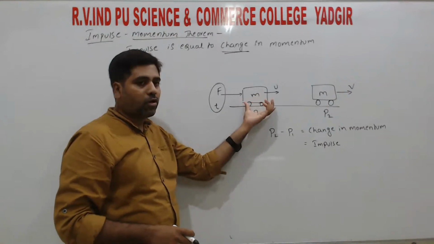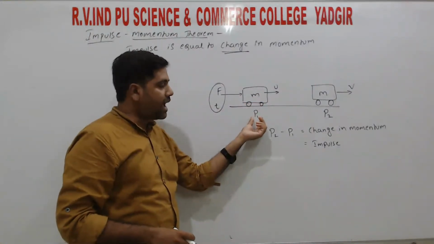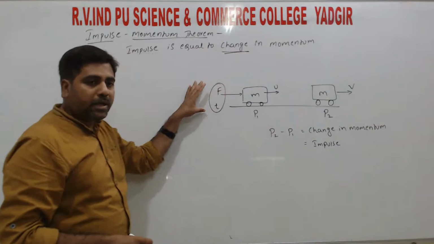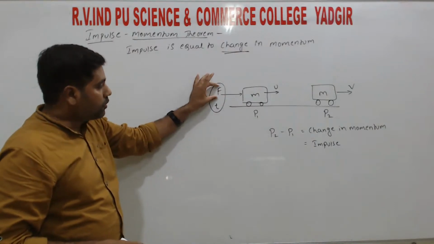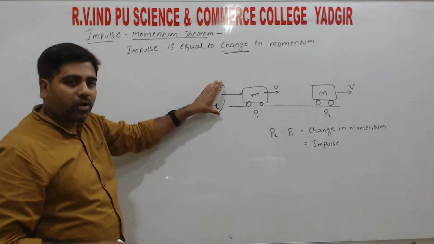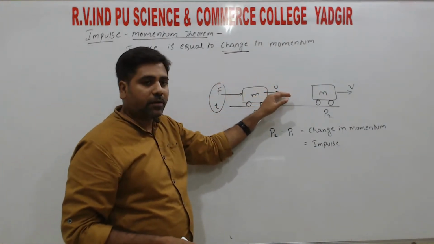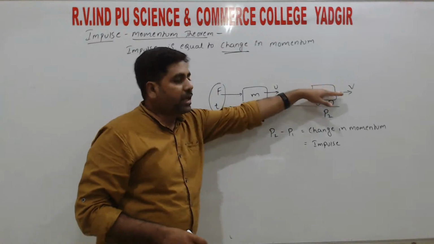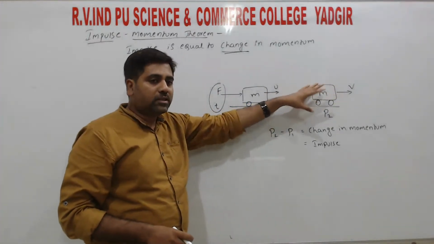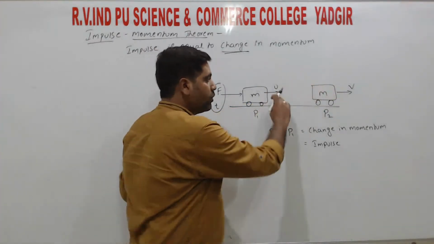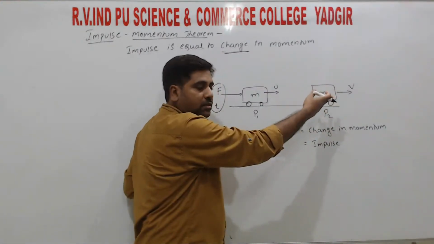So any moving object has some initial momentum. When we apply the impulse, that means a larger force in a short interval of time, the object changes its velocity. It moves with some increase or decrease in velocity.